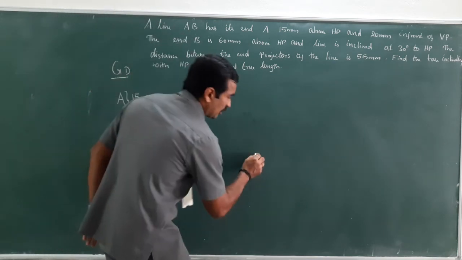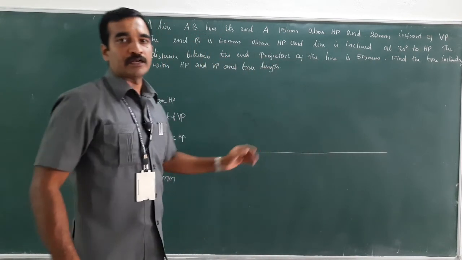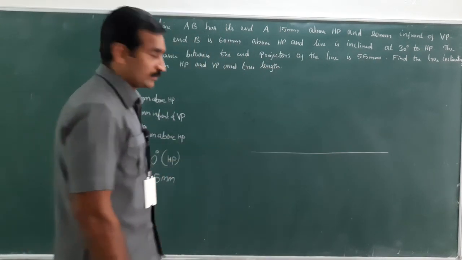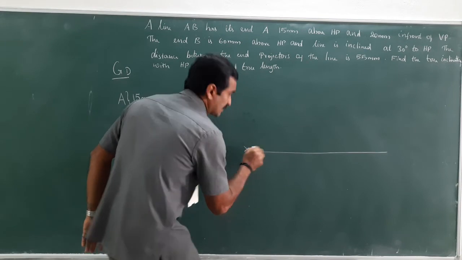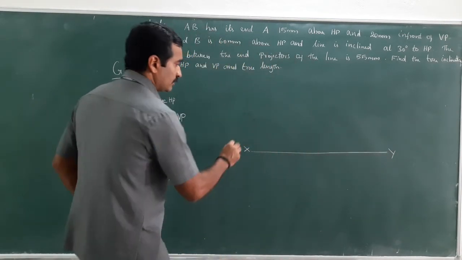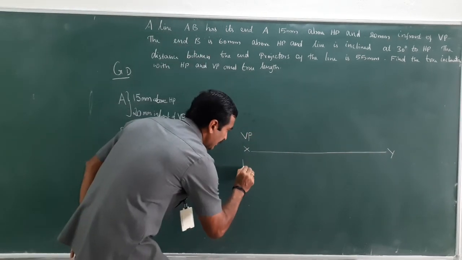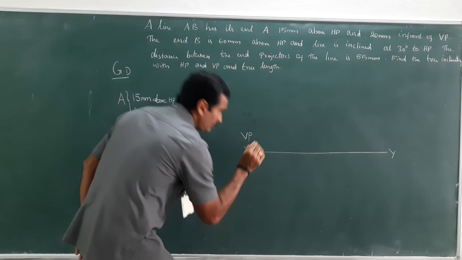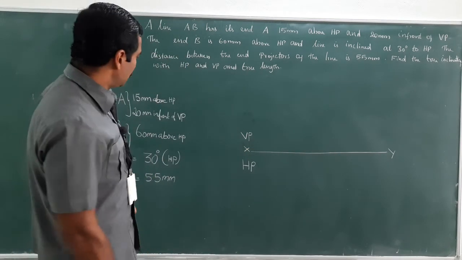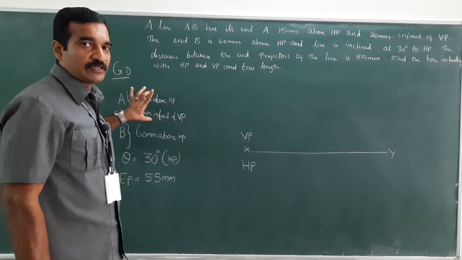So, the horizontal line which is nothing but the reference line or ground line XY. Above the reference line VP, below the reference line HP, right. So, we will have to utilize the locus information first.